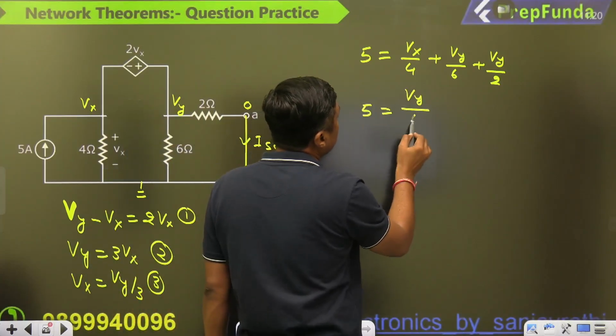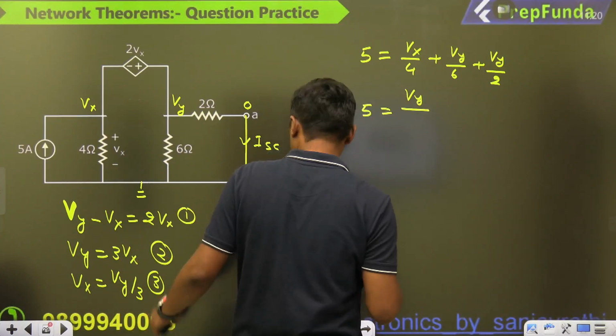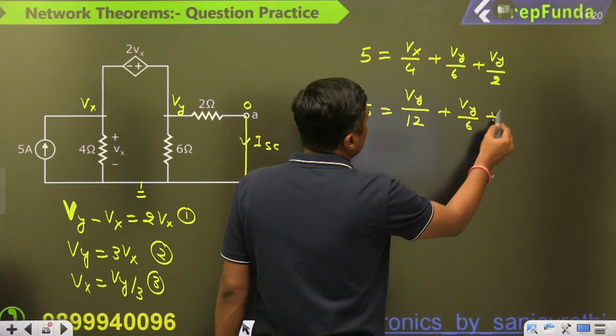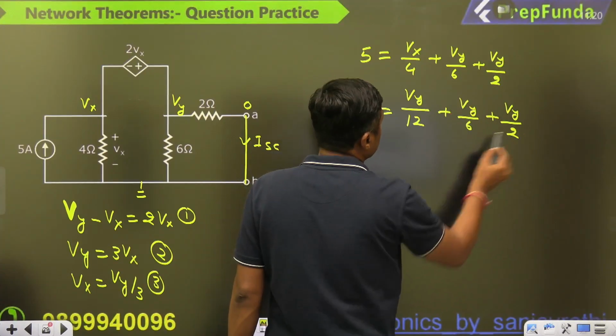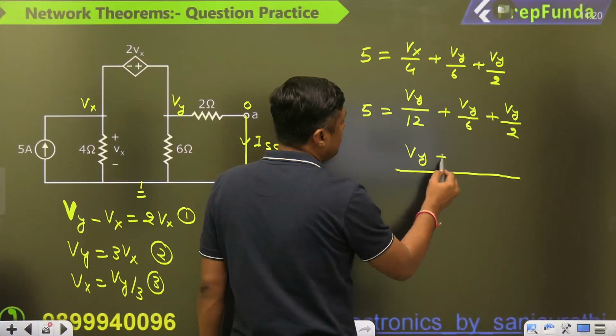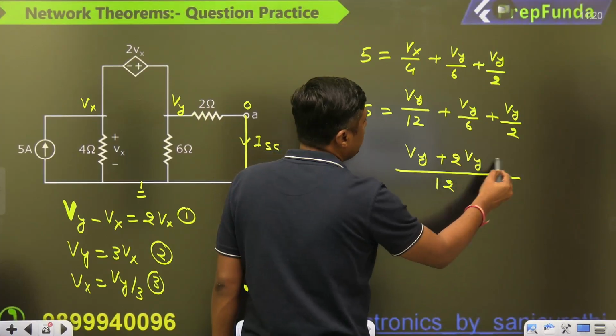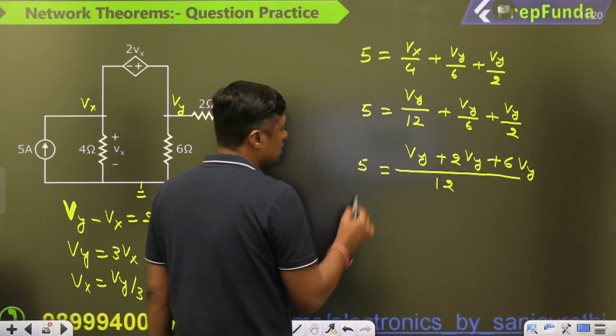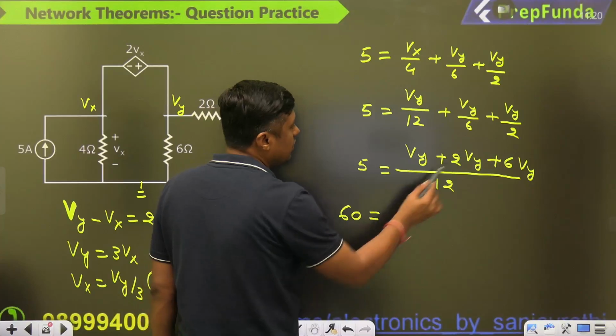Vy by 3 divided by 4 means it will become Vy by 12, plus Vy by 6, plus Vy by 2. Taking 12 as the LCM: Vy, 2Vy, 6Vy. This is 60, and here you will get 9Vy.